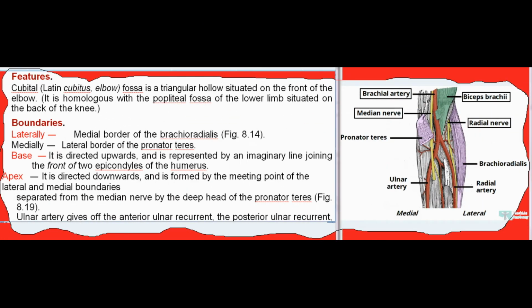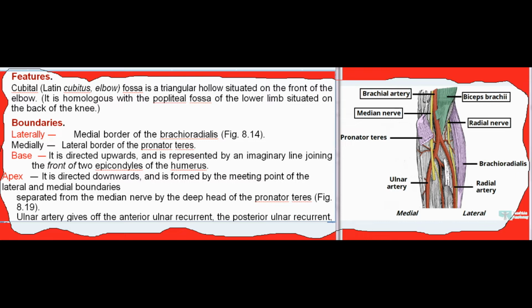Features. Cubital, Latin cubitus, elbow, fossa is a triangular hollow situated on the front of the elbow. It is homologous with the popliteal fossa of the lower limb situated on the back of the knee. Boundaries. Laterally, medial border of the brachioradialis, Fig 8.14.